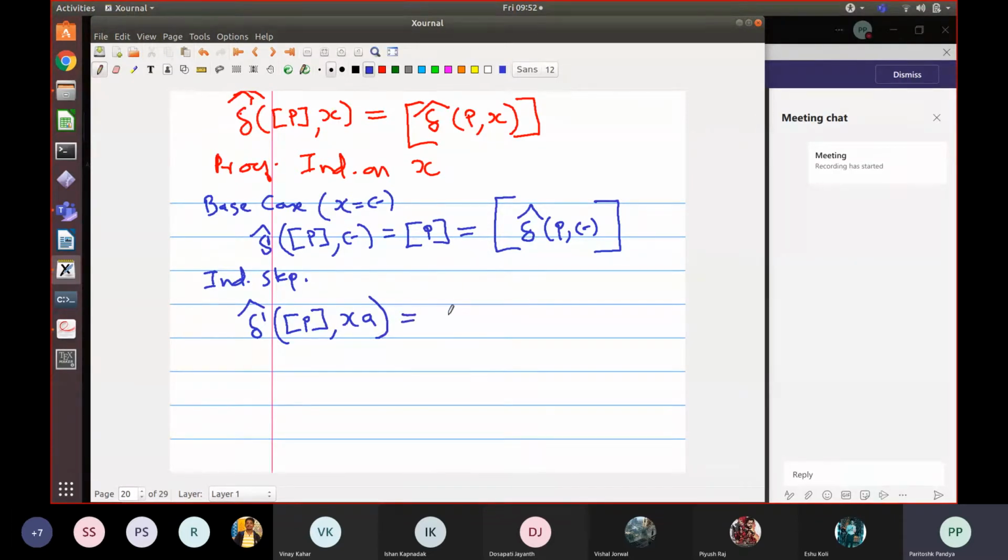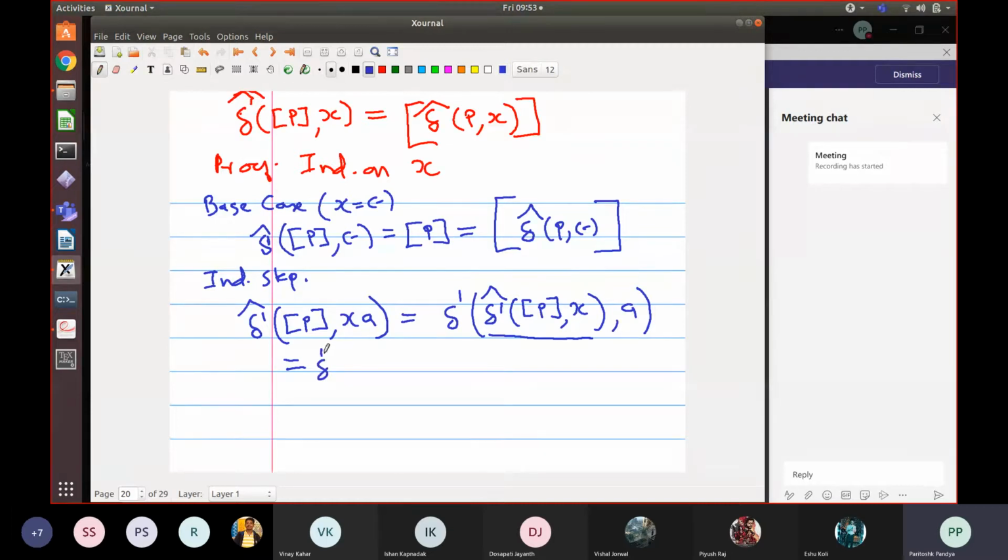Now by the property of delta hat, we get this is the same as delta prime of delta prime hat of the equivalence class of P on x, and then whatever equivalence class you go to, you take the delta prime of that on a, right? But by the induction hypothesis, for this smaller string we can assume that the property holds.